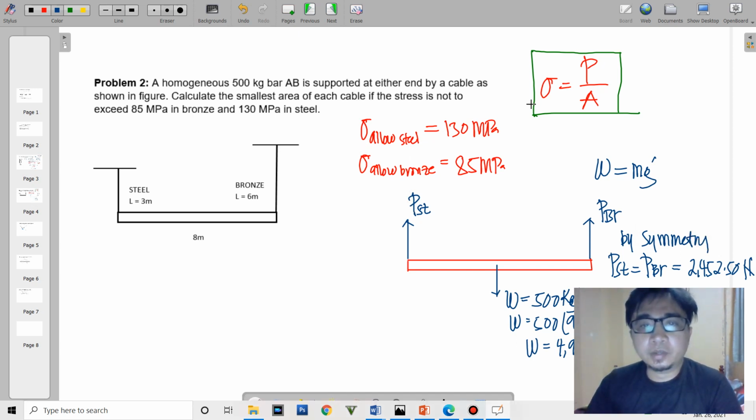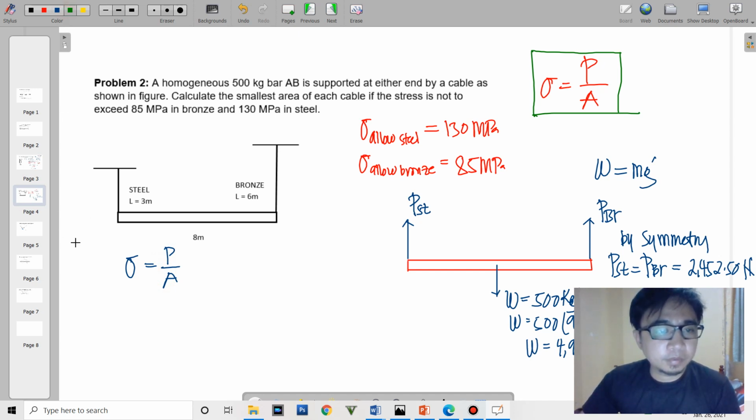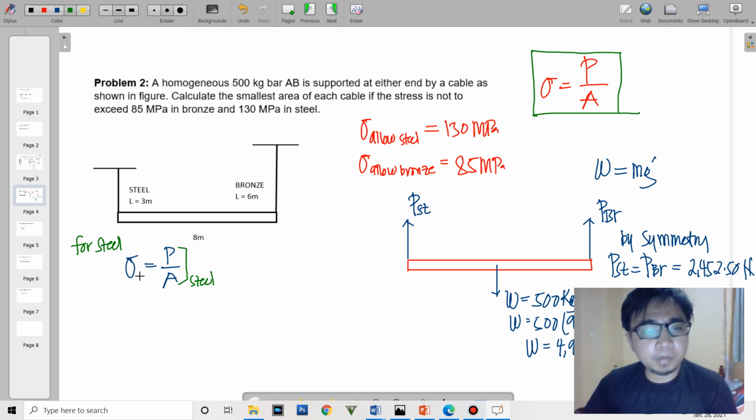And that's it. You can now apply this formula. So we have sigma is equal to P over A. Say for steel, we just cross multiply that one.